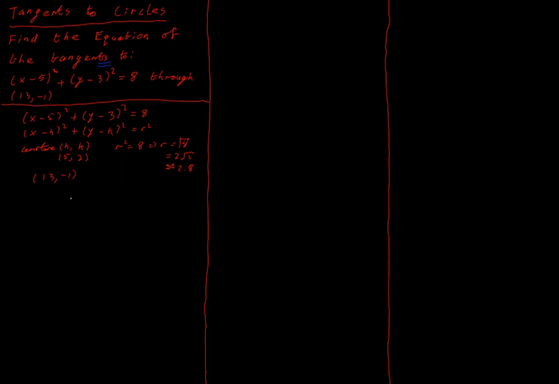So my y values are going to have to go from minus 1 up to about 5, or maybe 6, and my x values will go from 0 up to 13 or 14. So that's what I need for my sketch. So let's draw that in.